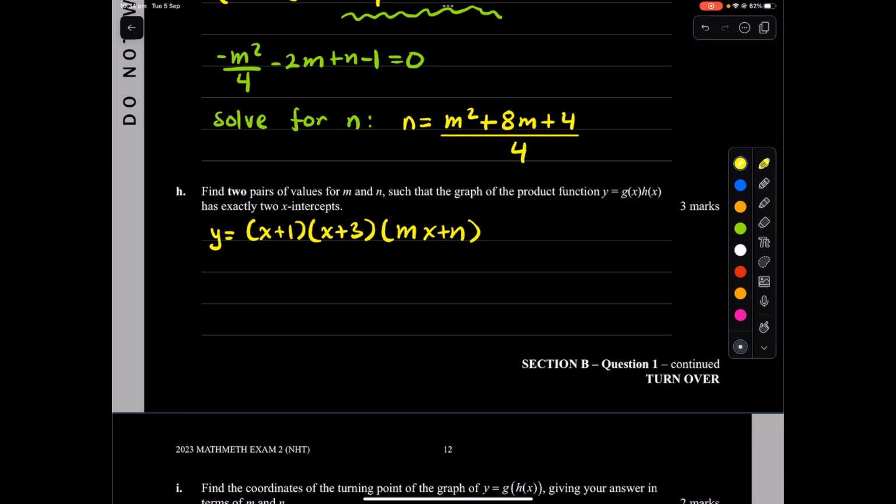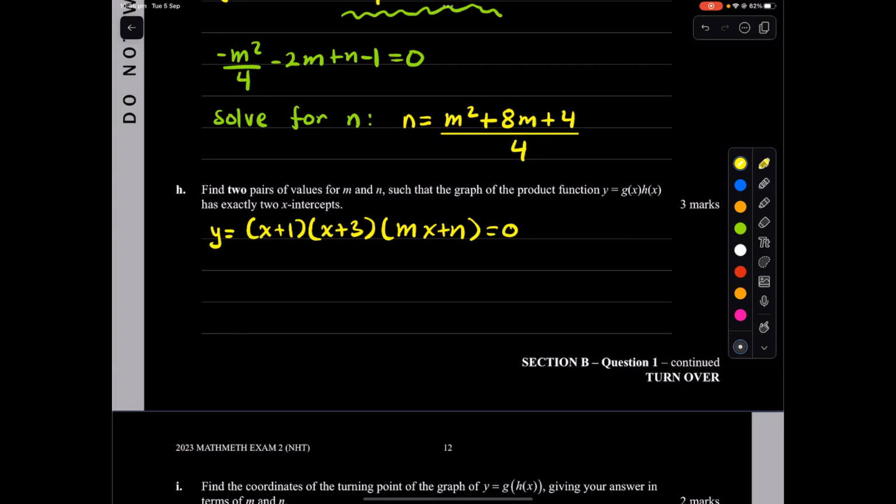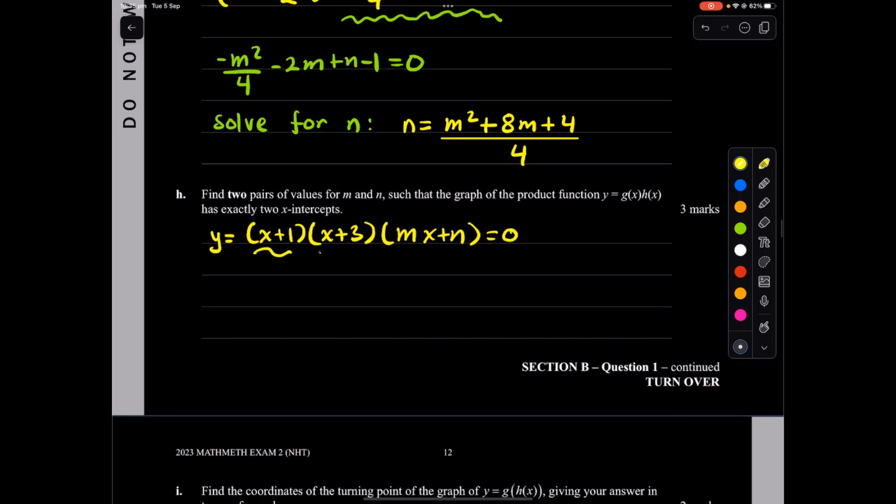Find 2 pairs of values of m and n such that the graph of the product of this has exactly 2 x-intercepts. So we want that to equal 0 to solve. Now, there's already an answer here, because we already have 2 intercepts. What we want is for this to not exist, or we can create a repeating factor. For example, because it is not a quadratic, it's actually a cubic.